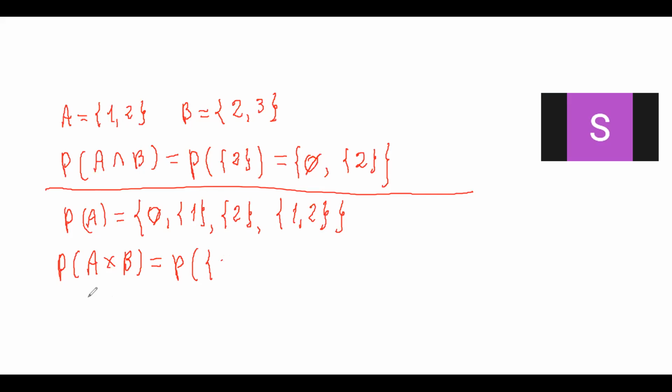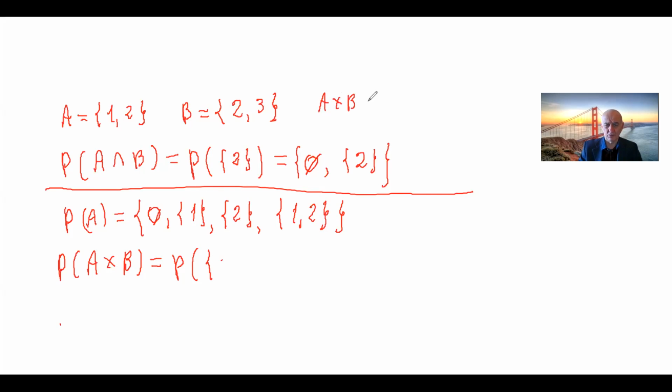First of all, let's find the Cartesian product. I will write down here first 1 and 2. Okay, so let's write down the Cartesian product of these two sets.